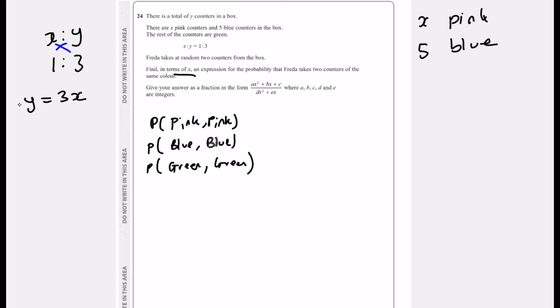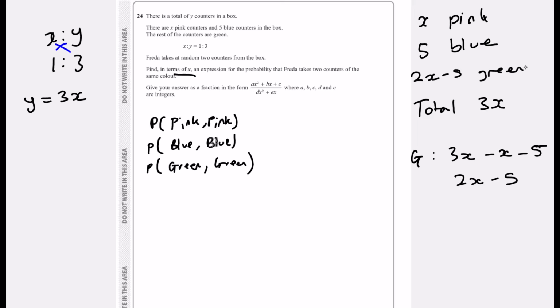So not Y, 3X. And then how many green are there? So for green, it's 3X minus X minus 5. So the total, take away the blues, take away the pinks, must be the greens. So 2X minus 5.